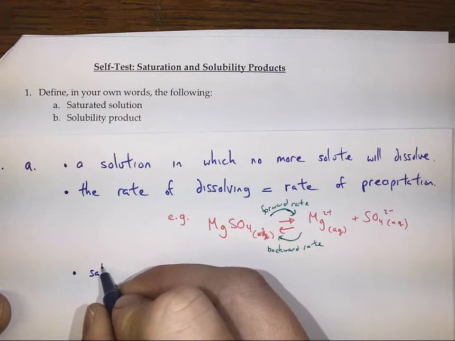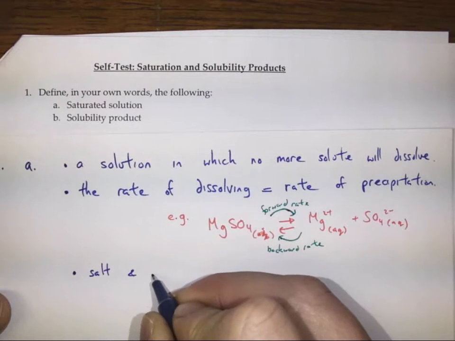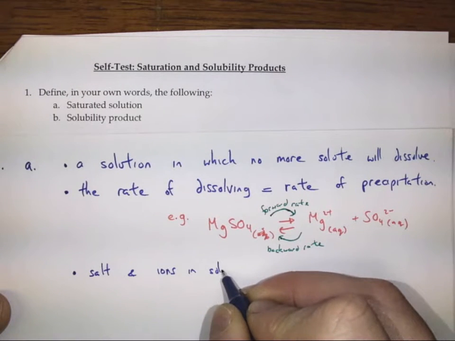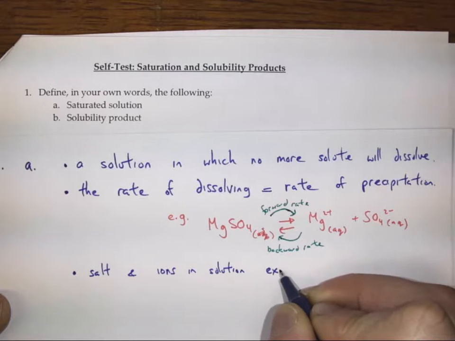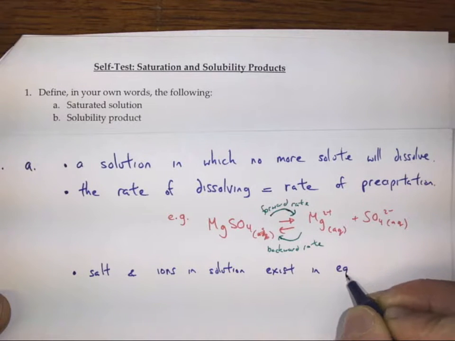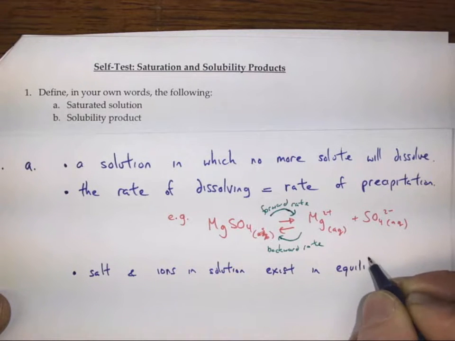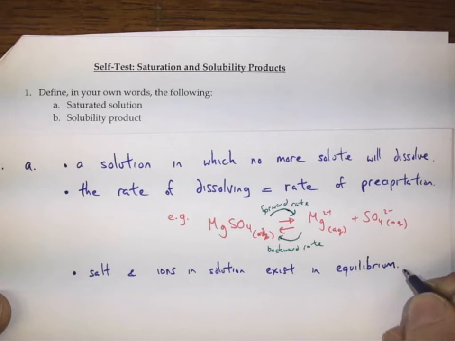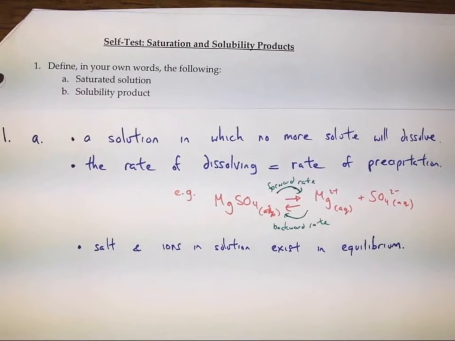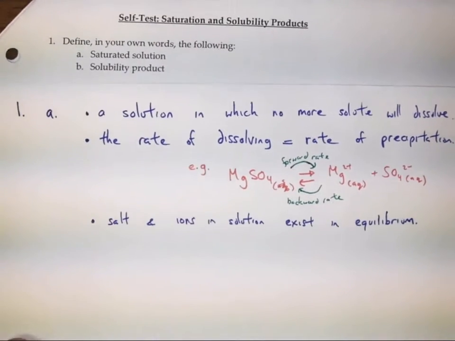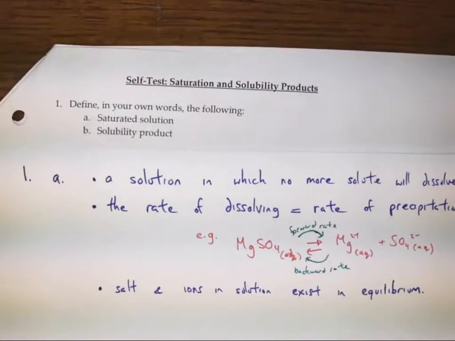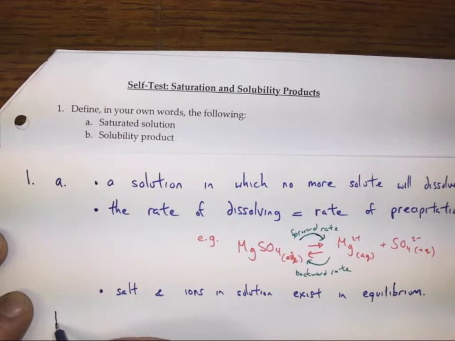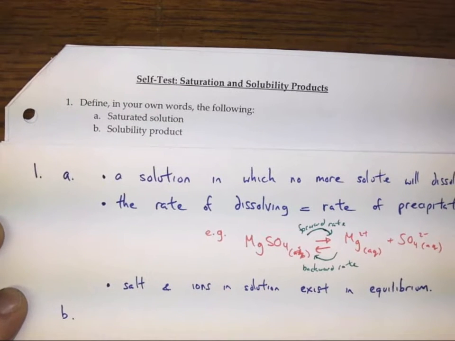So the salt and ions in solution exist in equilibrium. Okay, so that's the first key idea, that a saturated solution has some of these principles. We could go into more, but that should be sufficient to get us started.